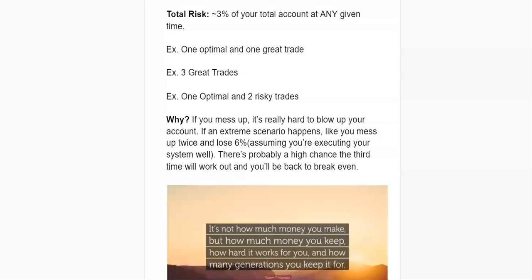So if you get lucky, you 5x your account, but then all it takes is one bad trade to just lose all of your account. So you have to be ready for that one scenario that will happen in the future, which is shown by this quote: it's not about how much money you make, but how much you can keep.